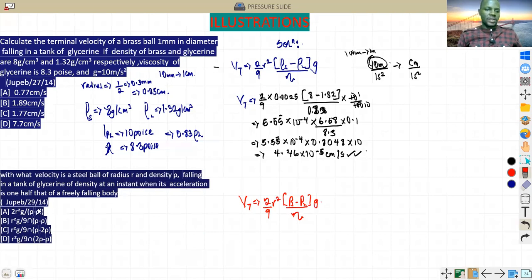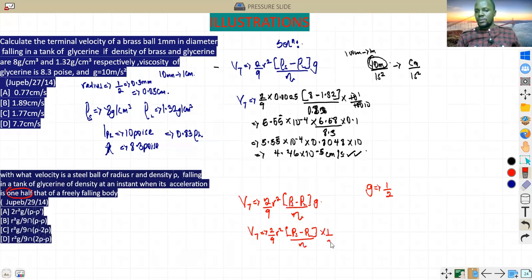The only condition that is changing here is that the acceleration is 1/2. 1/2 means half. Please note that. So if g is equal to 1/2, what do you have, guys? The formula will only change to Vt equals 2/9 r squared, then we open a bracket, rho of solid minus rho of liquid, divided by eta, but g now is 1/2.